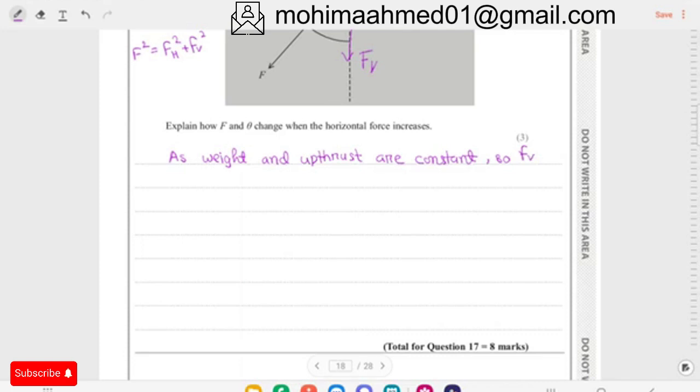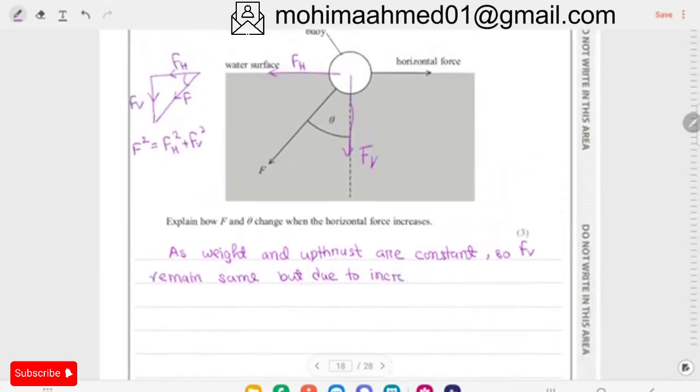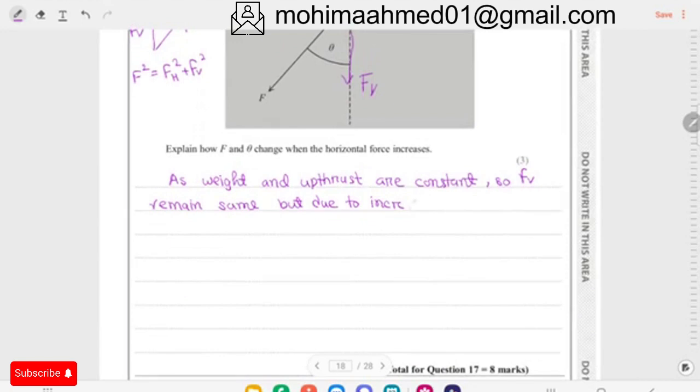So you can write FV remains the same, but due to the increase in horizontal force, FH increases.